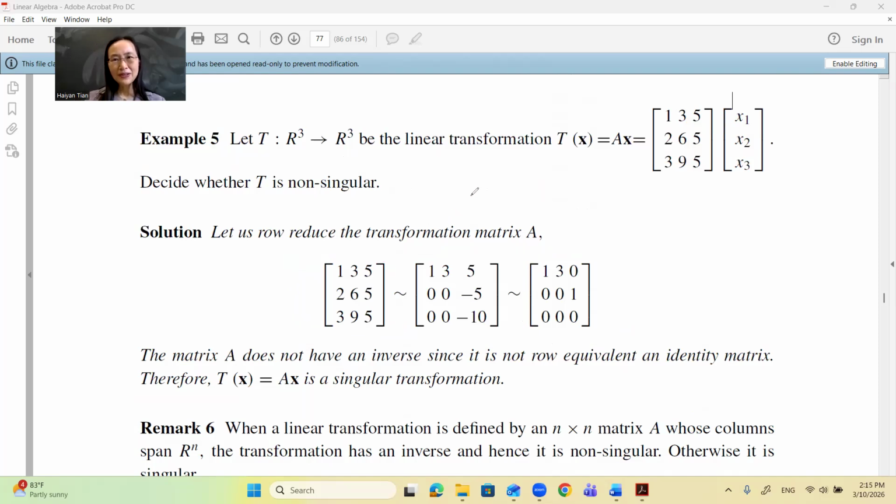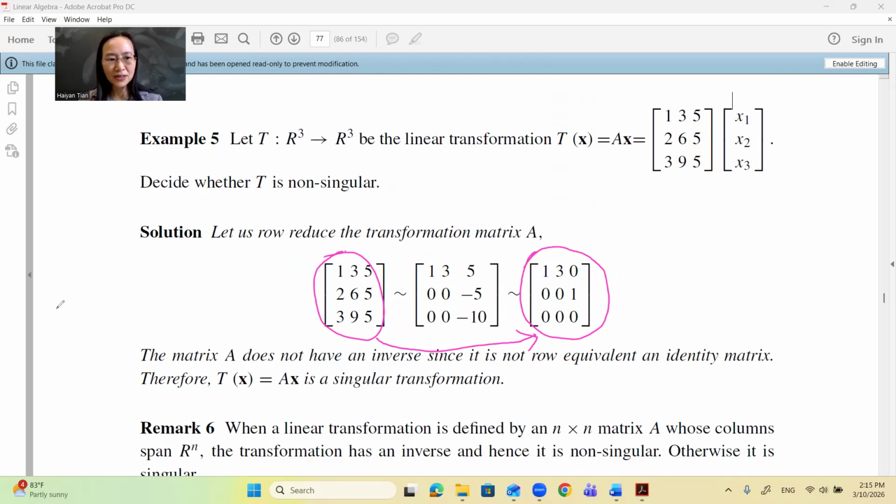I just mentioned the above equivalent statements, right? A is a non-singular linear transformation if and only if A has an inverse, if and only if A can be row reduced to an identity. But now this A cannot be reduced to an identity matrix.